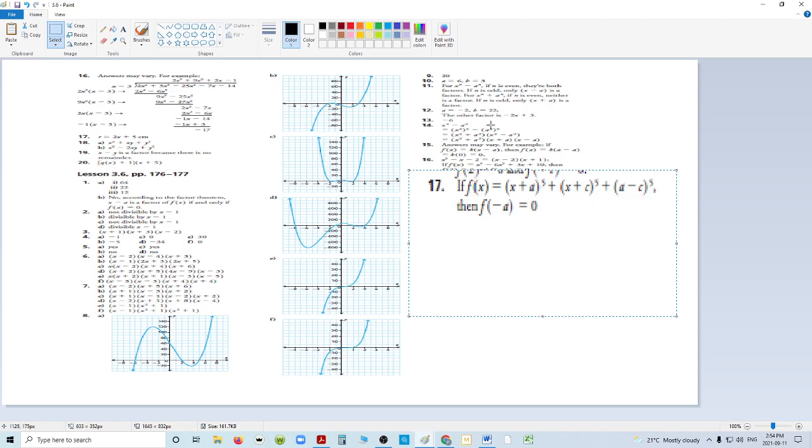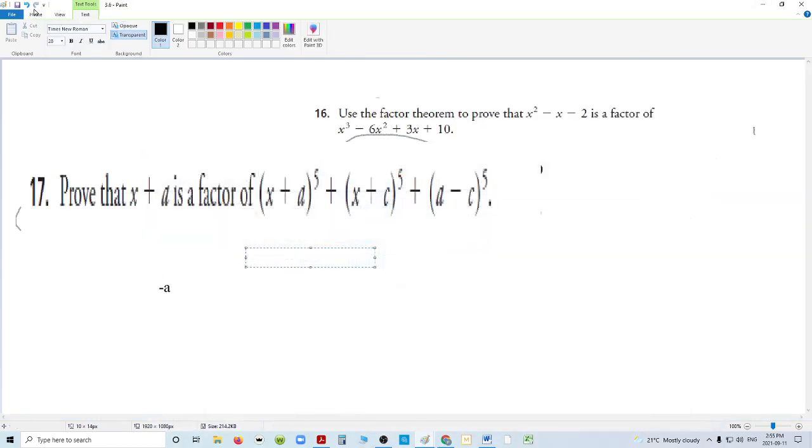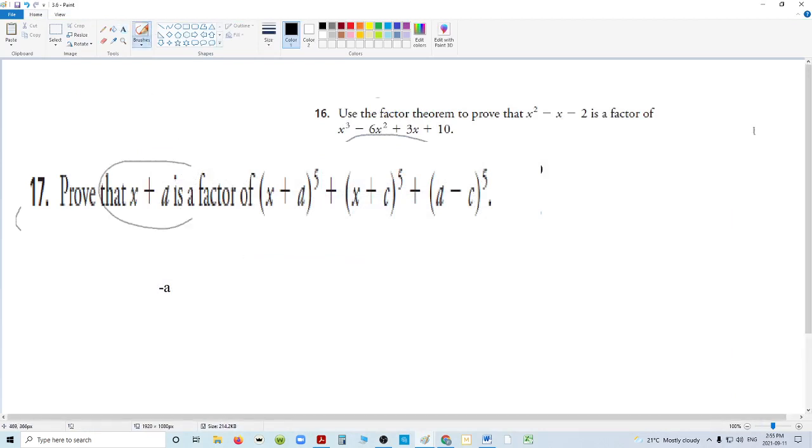Oh, okay. Fair enough. It's saying that if this indeed is a factor, if I put minus a in for everywhere I see x, it should come out as 0. So if I put minus a here, because this is what the root is, right? Minus a, which means if I plug it into the equation, it should come out as 0. So minus a plus a, that's indeed 0.